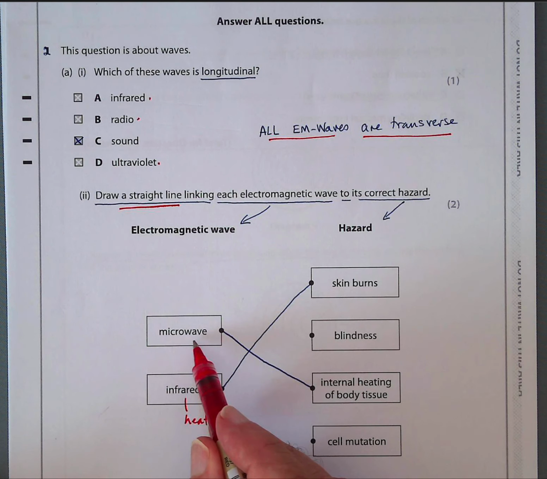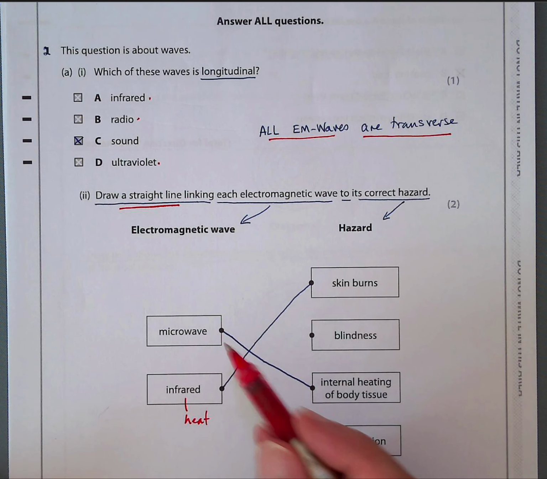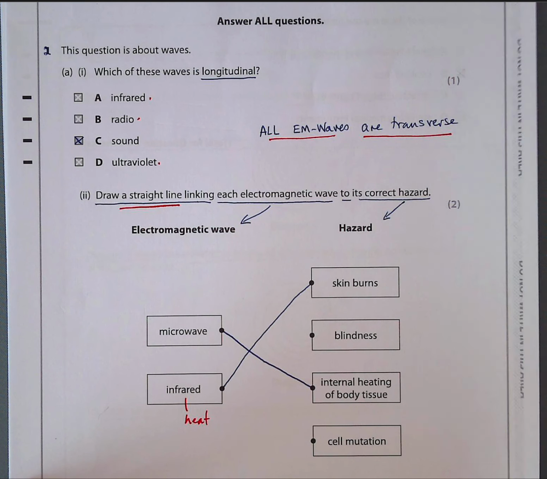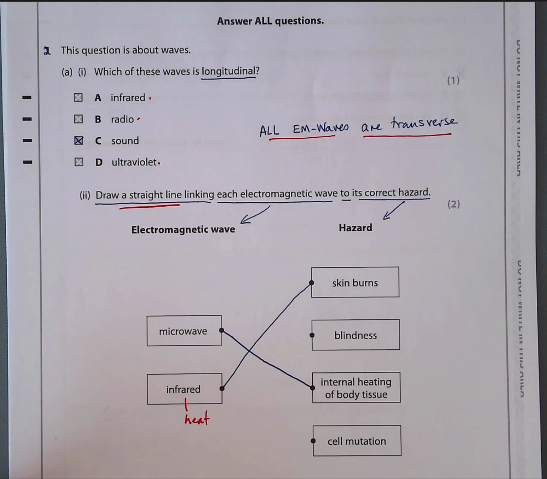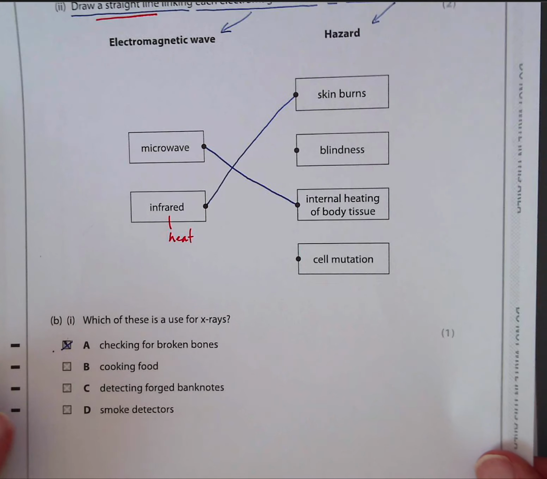Whereas microwaves can penetrate more deeply, and often with microwave cookers, they use the frequency of water to be able to oscillate water molecules deep inside the material, so it can cause internal heating of tissue. Okay? Depending on the wavelength of the microwave used, it will oscillate different atoms or molecules.